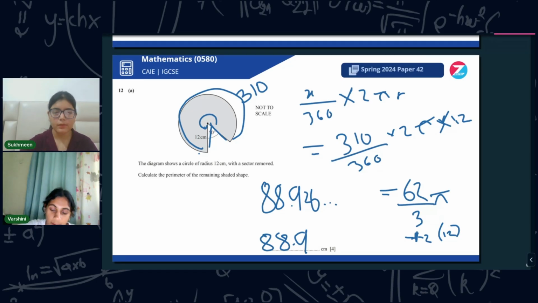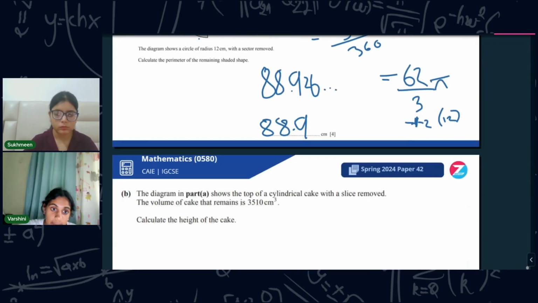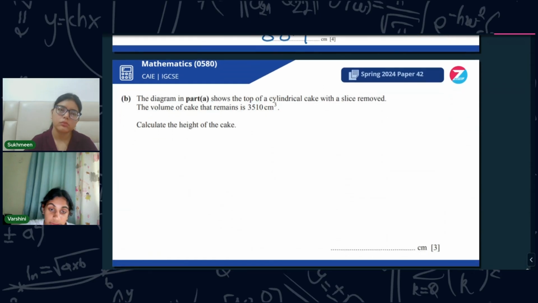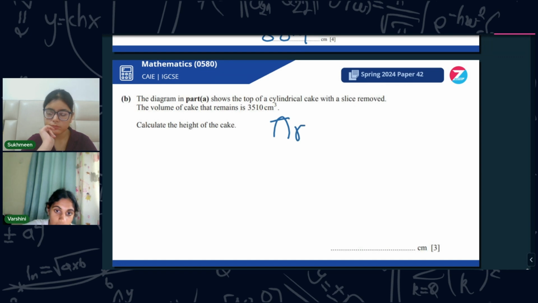Okay, for the next question. The diagram in part A shows the top of a cylindrical cake with the slice removed, and the volume of the cake that remains is 3510 centimeter cubed. Calculate the height of the cake. We know that the volume of a cylinder is equal to pi r squared h.